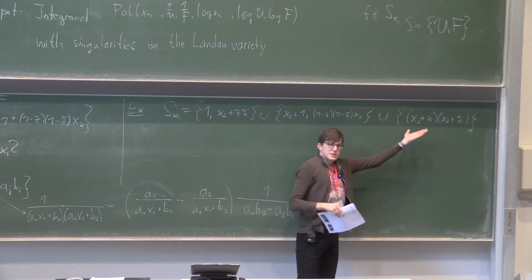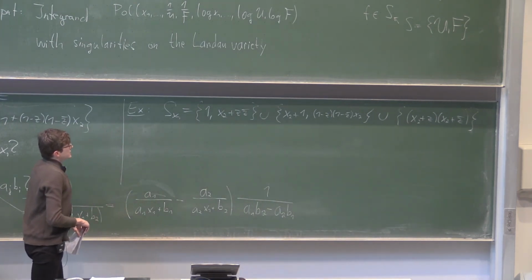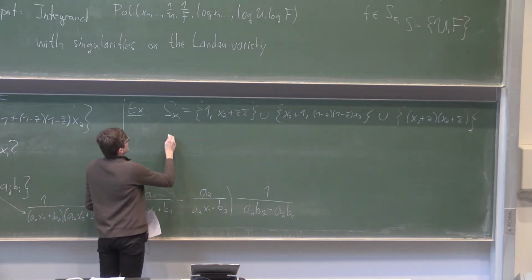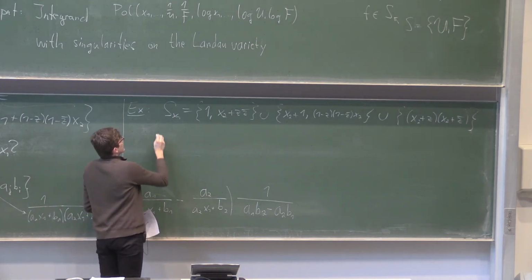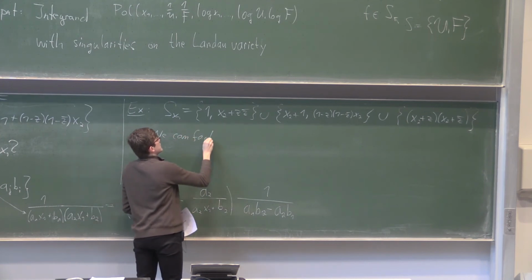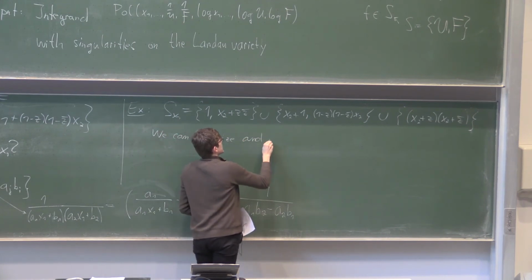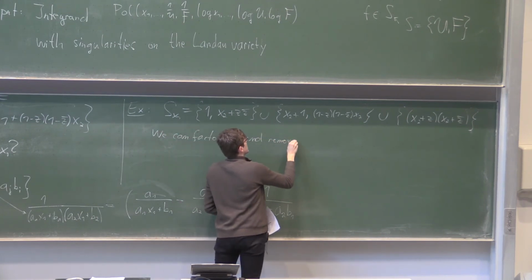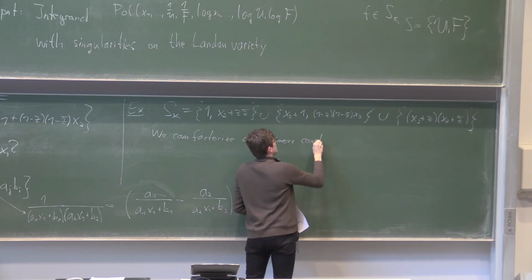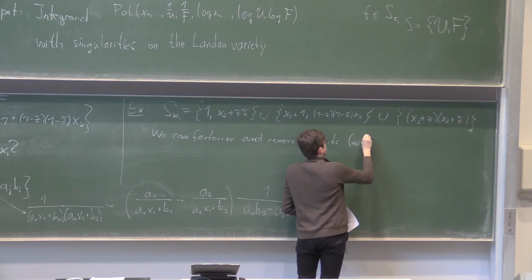And this was the denominator, so we had exactly these singularities. So that was good. And now we can factorize and remove constants without changing the lambda variety.